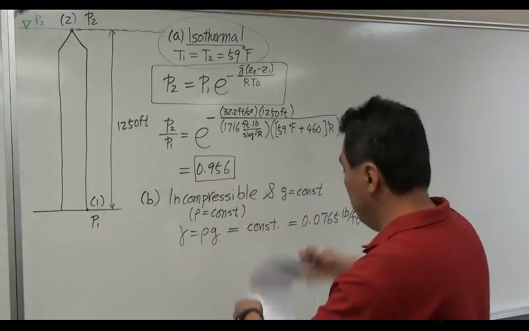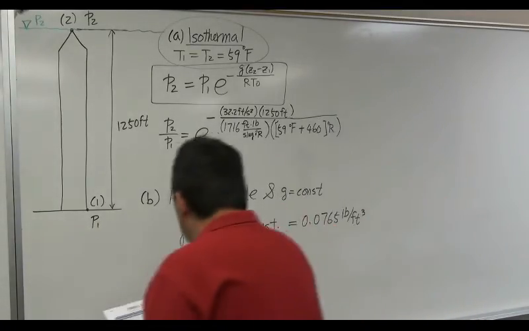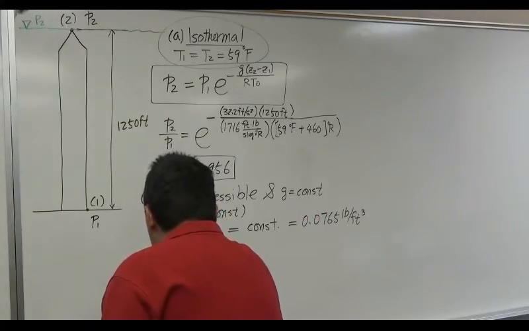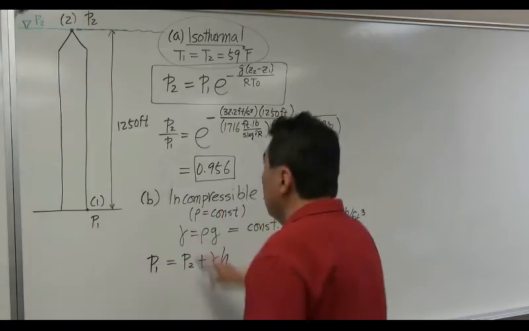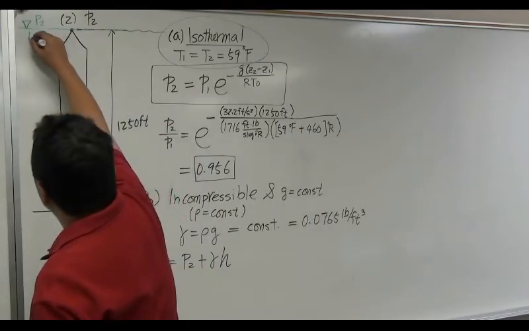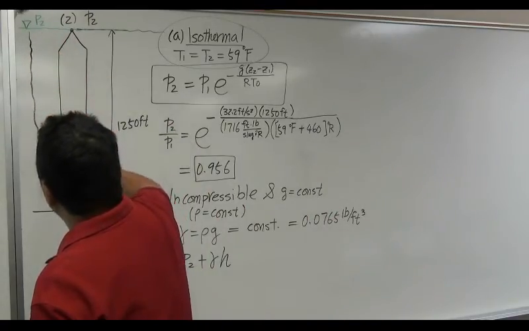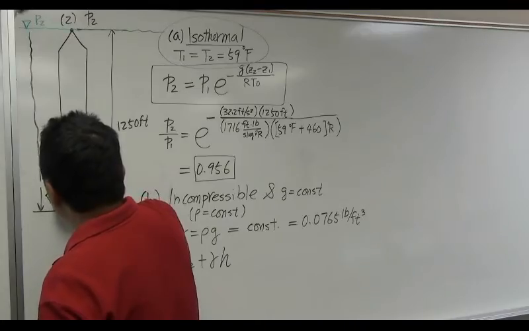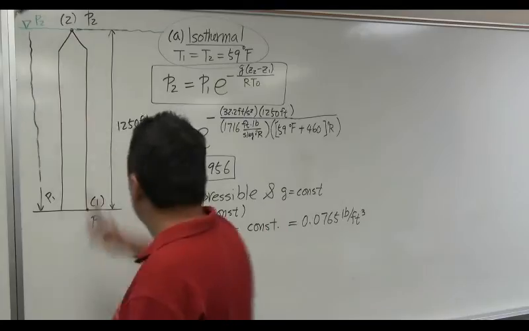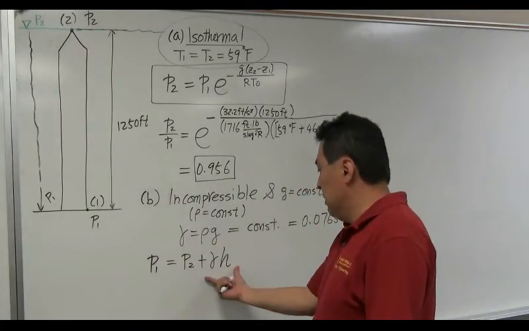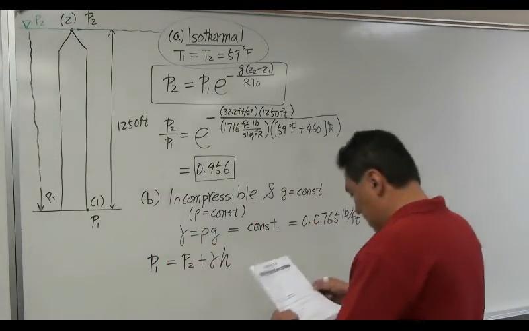So from that perspective, you can say P1 is P2 plus gamma H. Right here, pressure is P2. If you go deeper and deeper, you become pressure P1. Which one is higher pressure? P1 is higher pressure than P2. This is the difference. Okay.